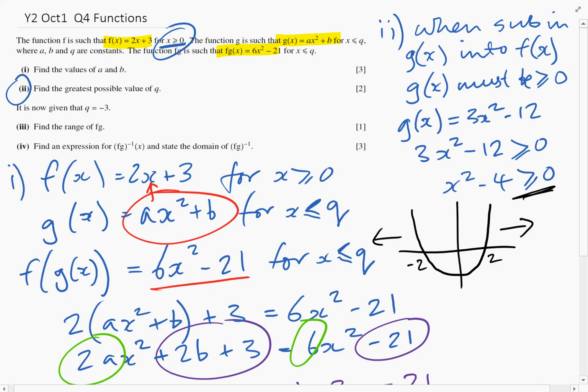Now, the question is saying what's the maximum value of q? We've got to say that the maximum value of q is minus 2.